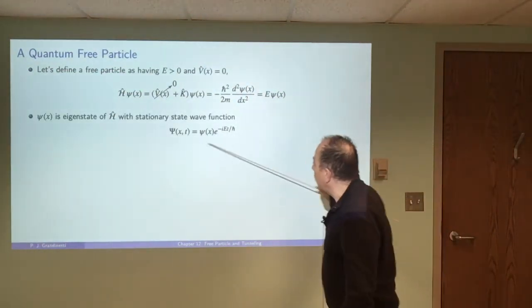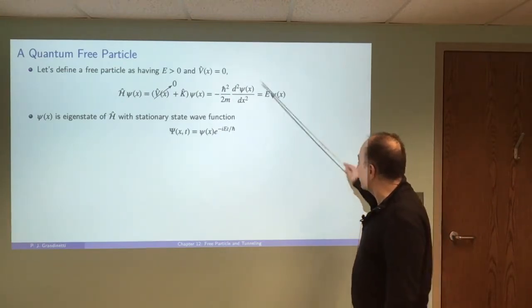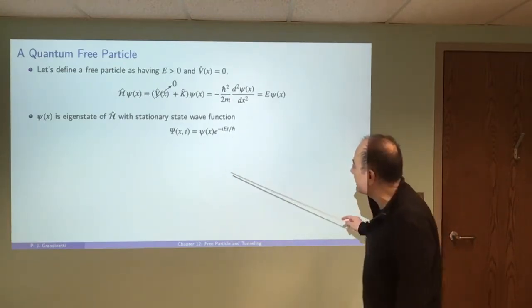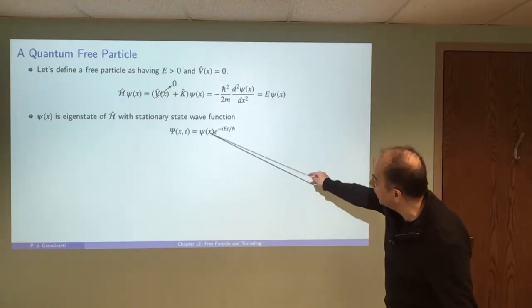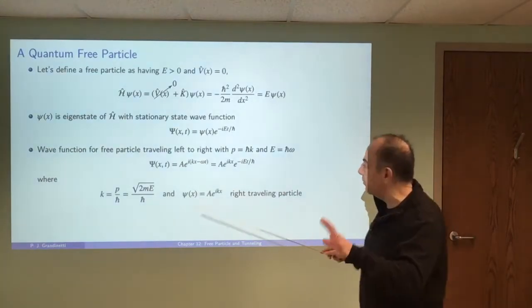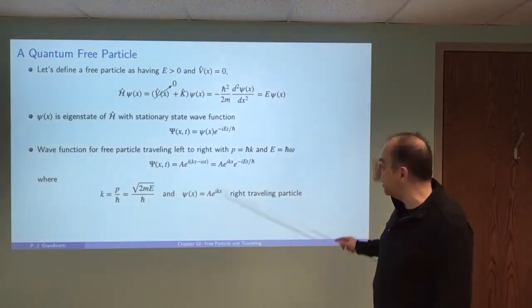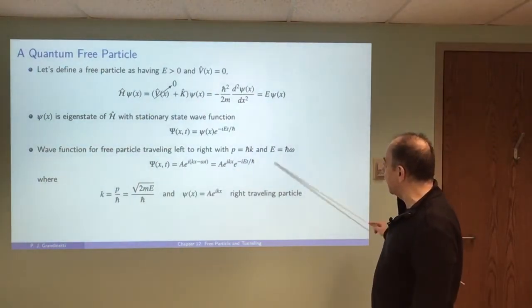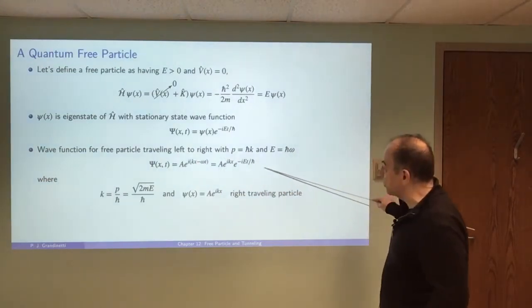Now, the wave function that we'll use for this wave equation will be this stationary state here, where we just have it broken up into the time-dependent and the spatial-dependent part. And for a free particle that's traveling from left to right, we're going to have a momentum of h bar k and an energy of h bar omega, and this is what the wave function will look like.